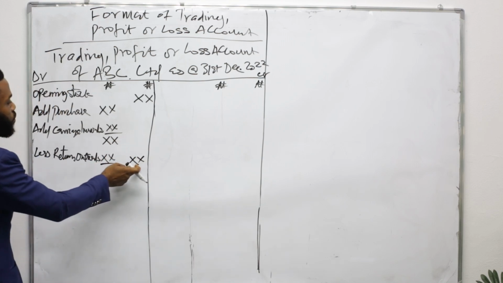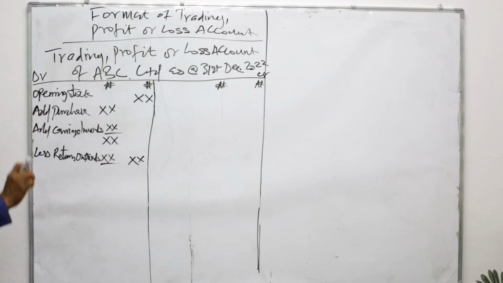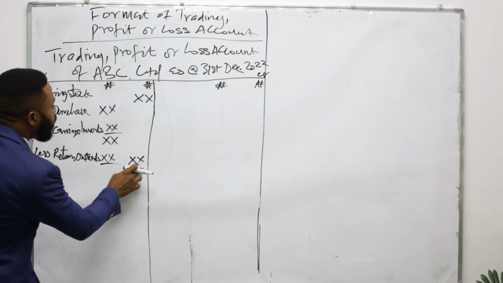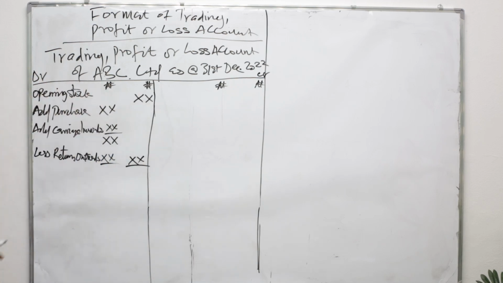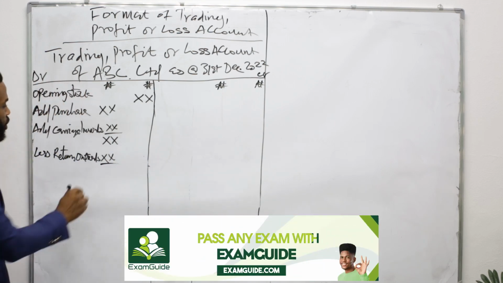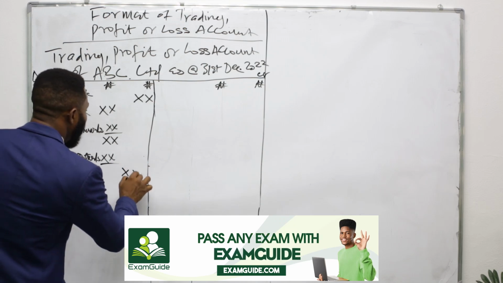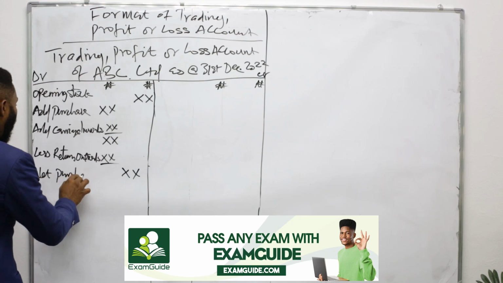This value is what we call cost of goods. Okay, before you call it that, this value will now be added to this one. This is what we call net purchase. Please let me write it in such a way that you will appreciate. This is your net purchase.